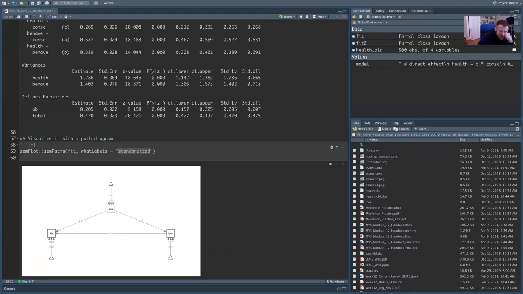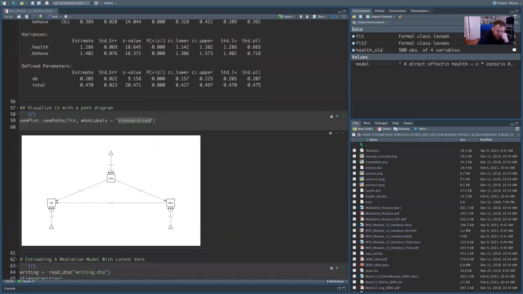So conscientiousness flows to health. That's the C path. So 0.27 is the C path right here. Conscientiousness goes to behavior, and that is the A path. And this long one, which is kind of confusing, is actually the B path. So this is behavior impacting health. And you can also get that by matching up the coefficients.